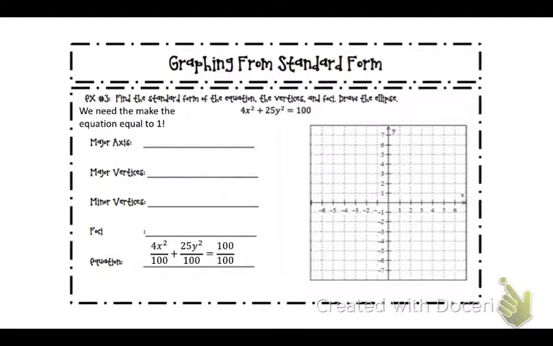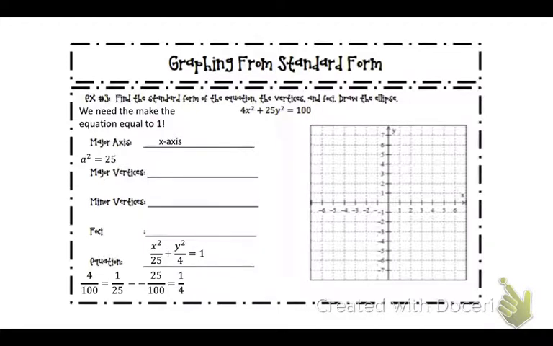So I'm going to divide everything by 100. And 4 divided by 100 reduces to 1/25. So that's going to be x squared over 25. 25 over 100 reduces to 1/4. So that's going to be y squared over 4. And then 100 divided by 100 is just 1. Okay, so my major axis here is the x-axis.